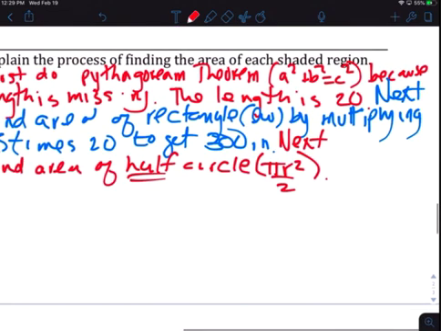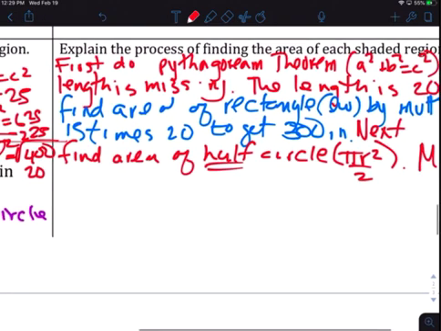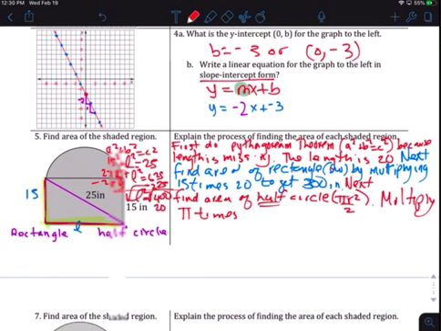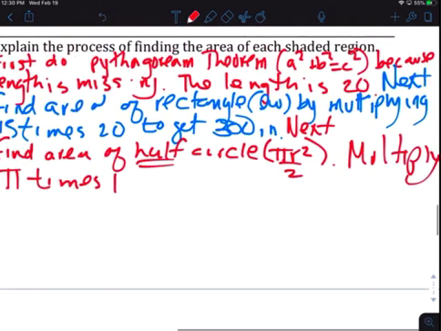So multiply pi times, okay, this is 20 right here, the length is 20, so diameter is 20, radius is 10, times 10 squared or 100, right?